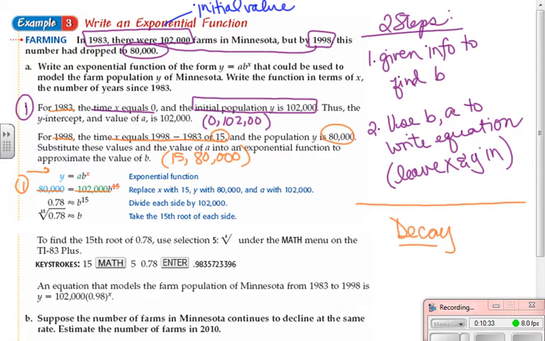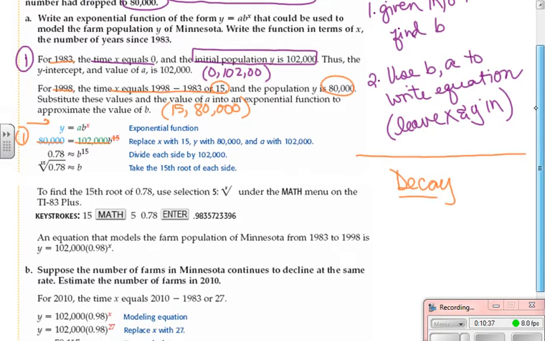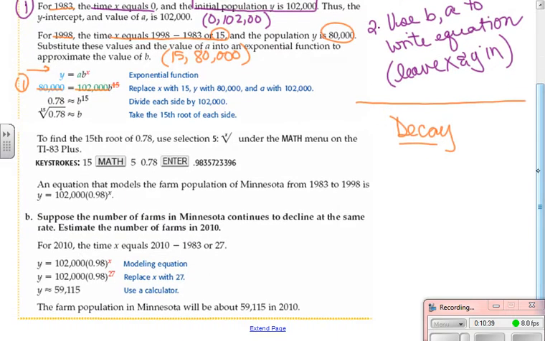You can go to your calculator and do the 15th root. Each calculator has a little bit different way to do that, but we can figure that out. Then in step 2, b becomes this value right here after you take the 15th root.